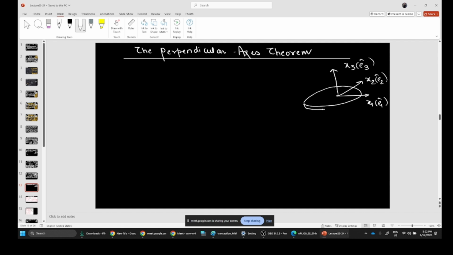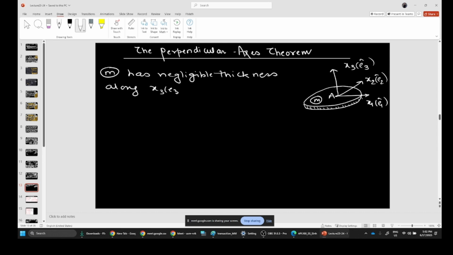So I have a body of negligible thickness along the x3 direction. You can always put your coordinate system such that x3 e3 is the axis perpendicular to the plane of the body, right? This is M. M has negligible thickness along the x3 e3 direction.